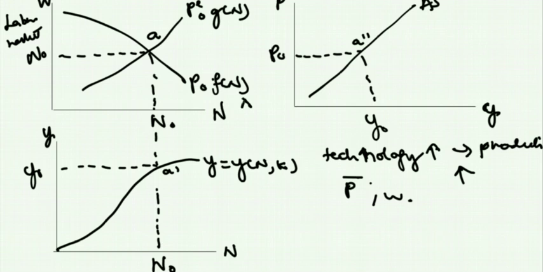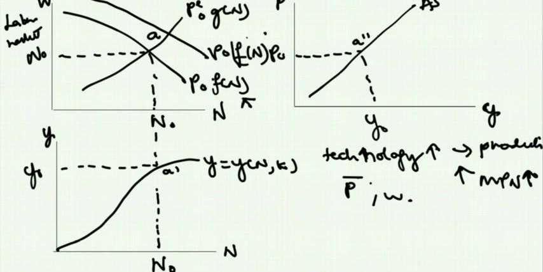Labor demand. Why? Because productivity is this one, remember? This one is MPN. Go back to your chapter 5. MPN is productivity of labor. So MPN increases for the same amount of labor. That's why firms are so interested to demand labor. So demand for labor increases even if price stays the same.